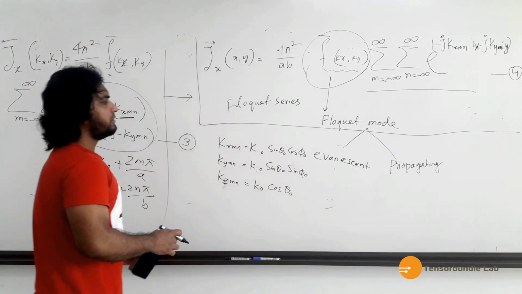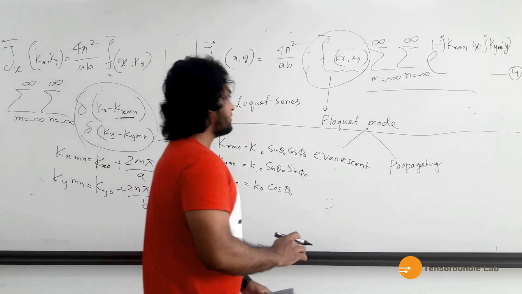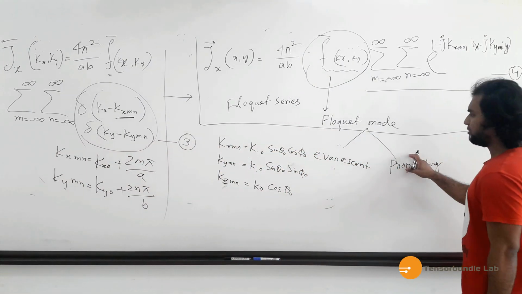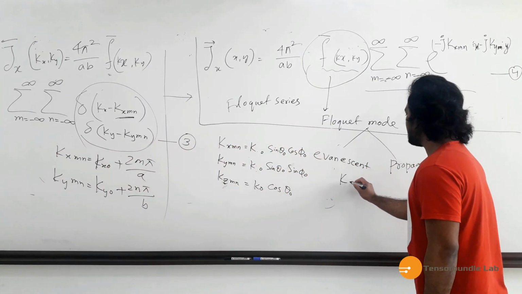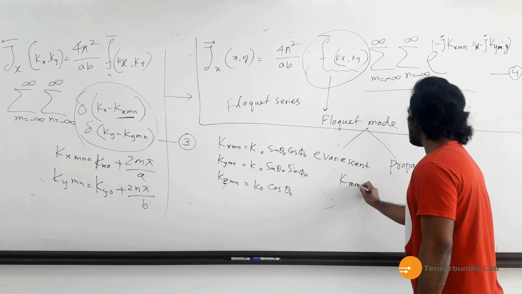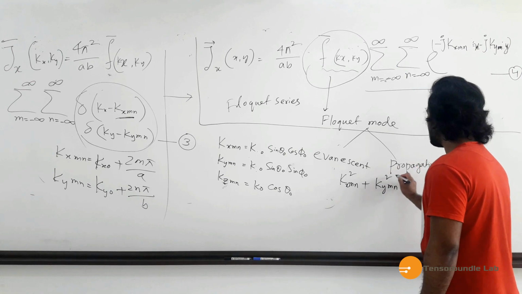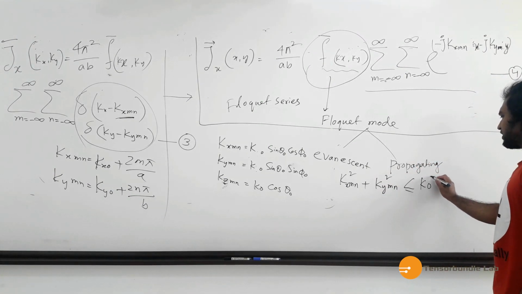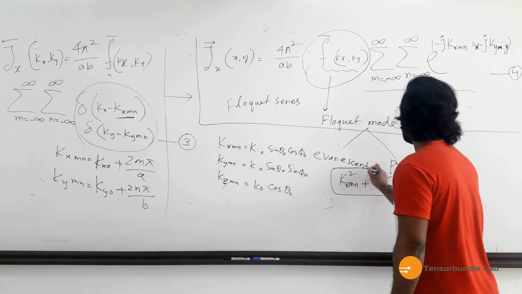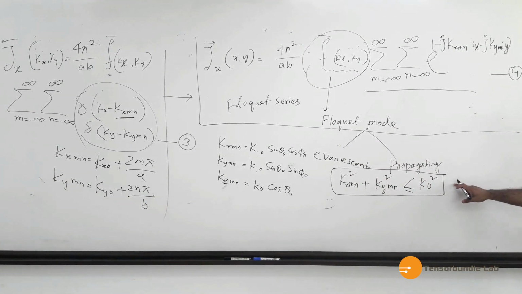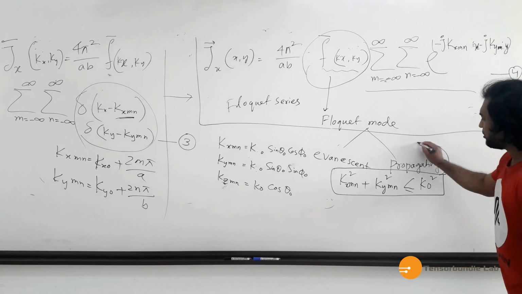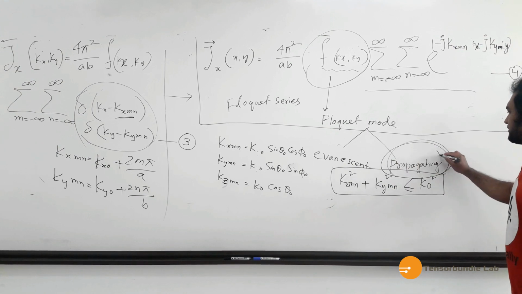All right. So, in order to find out whether the Floquet mode is propagating or not, we have to check this equation: k_x^{mn} squared plus k_y^{mn} squared. If it is less than k_0 whole squared, if this equation is satisfied, then we call the Floquet mode propagating.